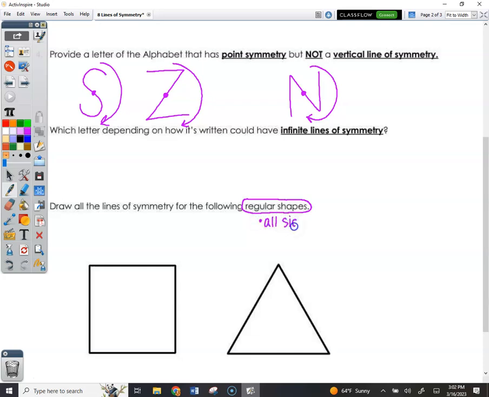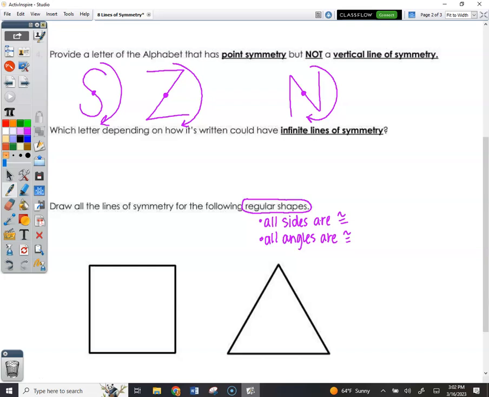All sides are congruent and all angles are congruent. Okay? So when you're reading and you see, hey, this is a regular triangle, that's really important. That's telling you that all three sides are equal and all three angles are equal, which opens up the door to a bunch of rotational symmetry options.